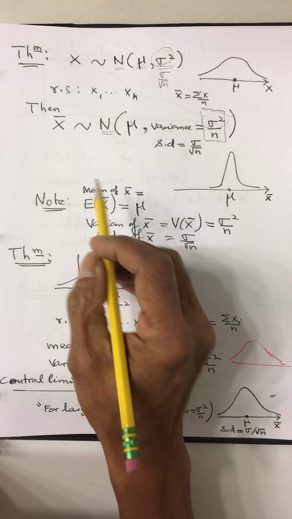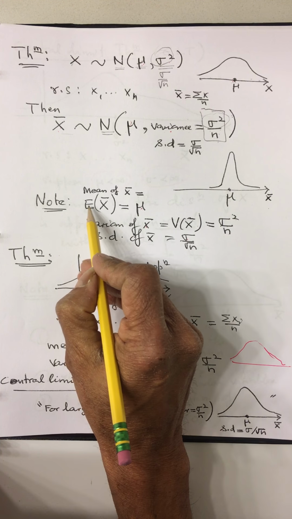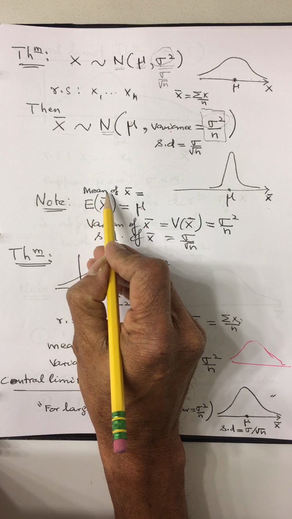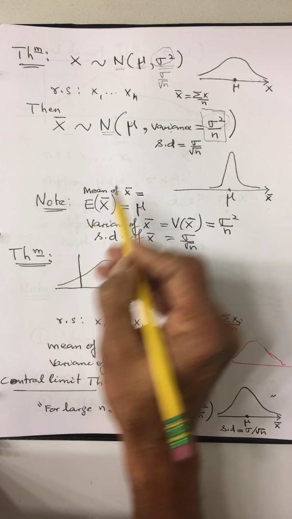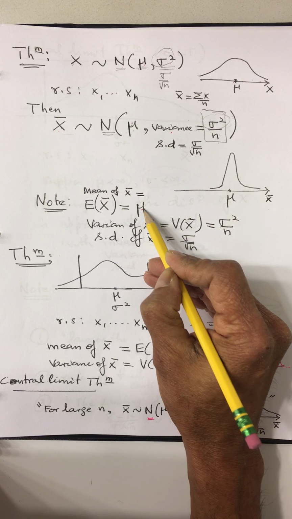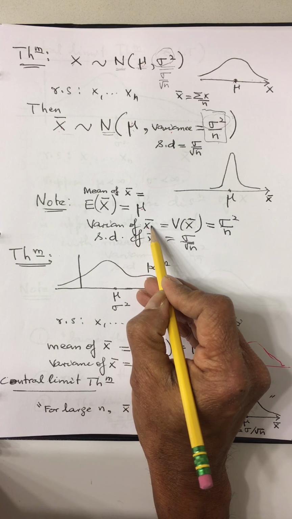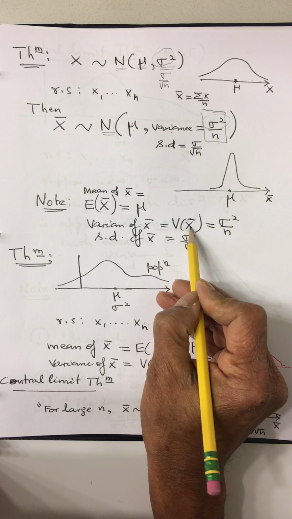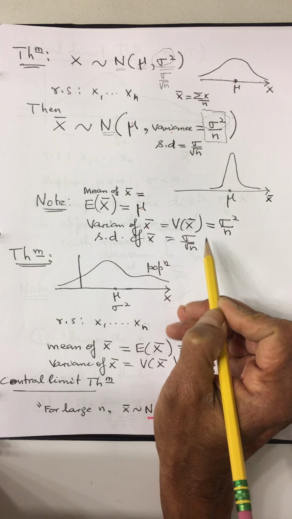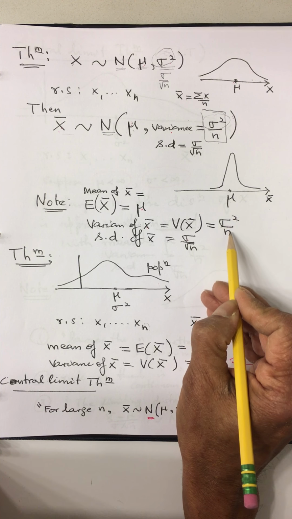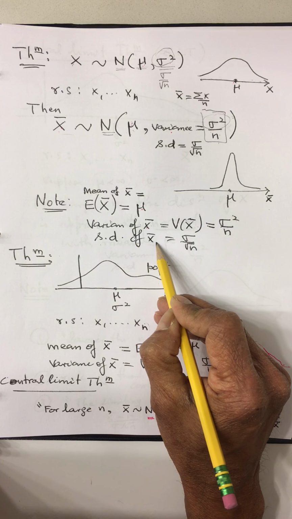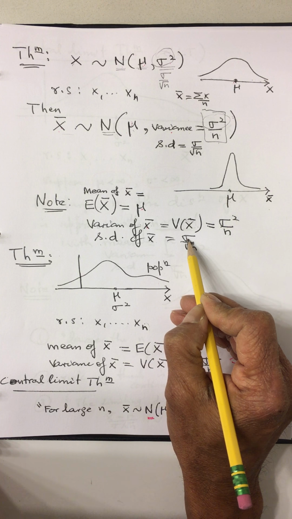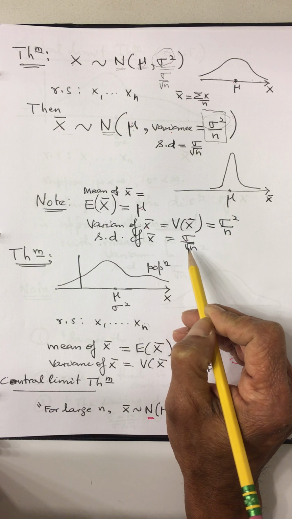Okay. So in different words, the expected value, or the mean value, of X bar is mu, and the variance of X bar is going to be the original variance divided by n, or the standard deviation of X bar is the original standard deviation divided by square root of n.